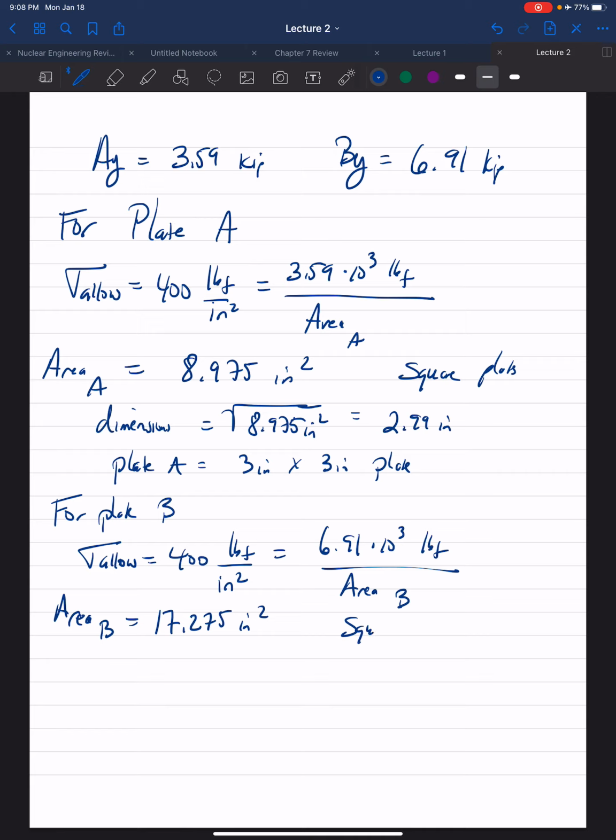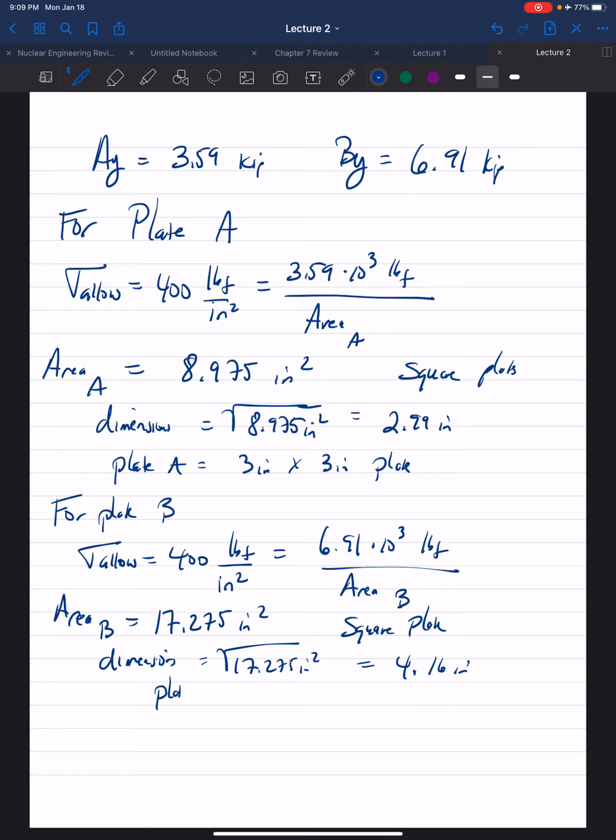Once again, this is a square plate. So the dimensions equal the square root of 17.275 inches squared, which is 4.16 inches.